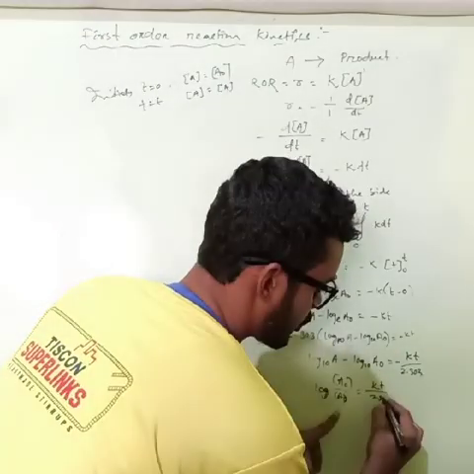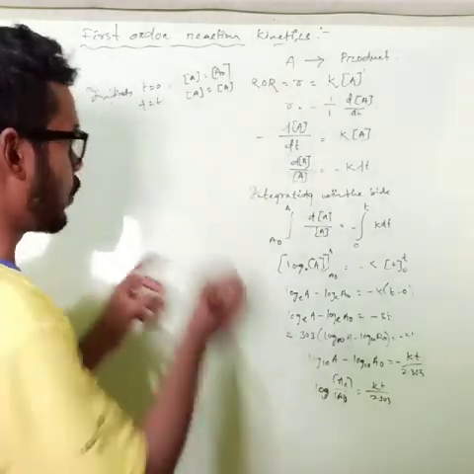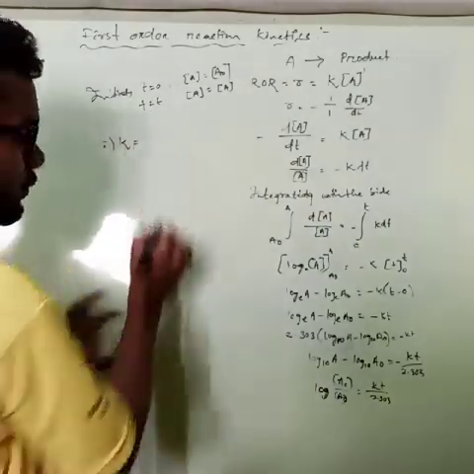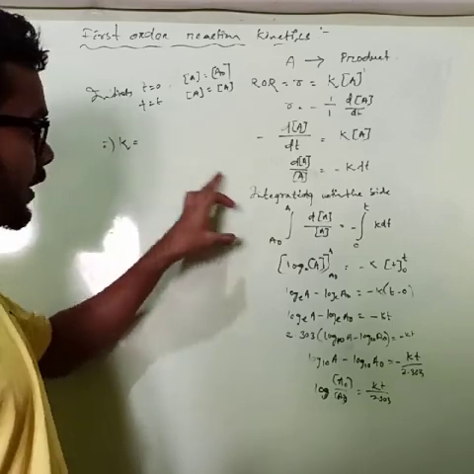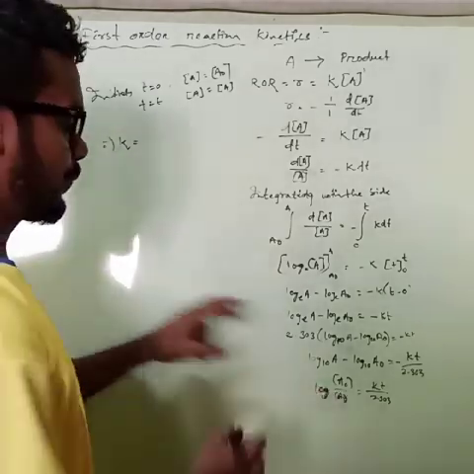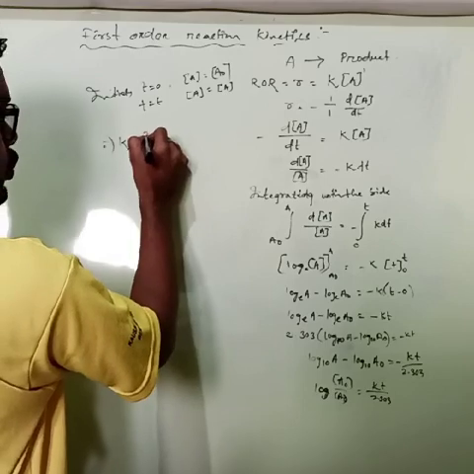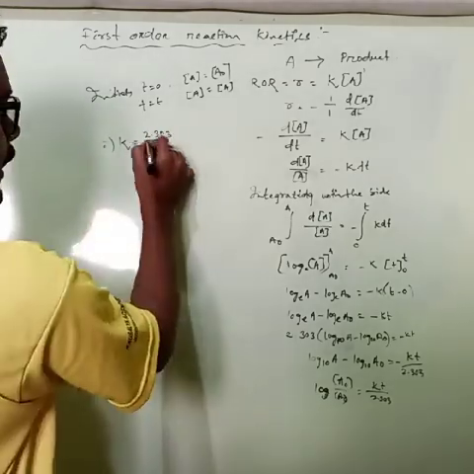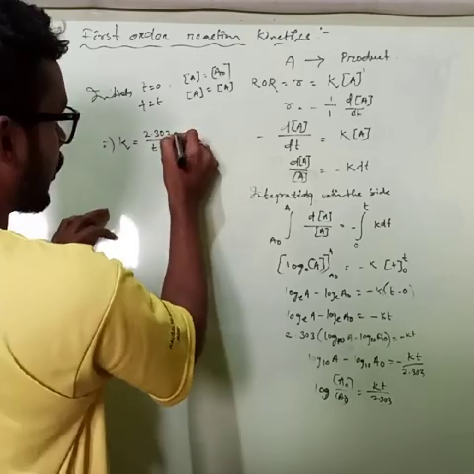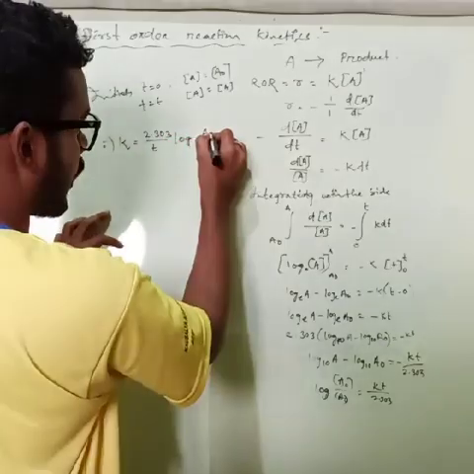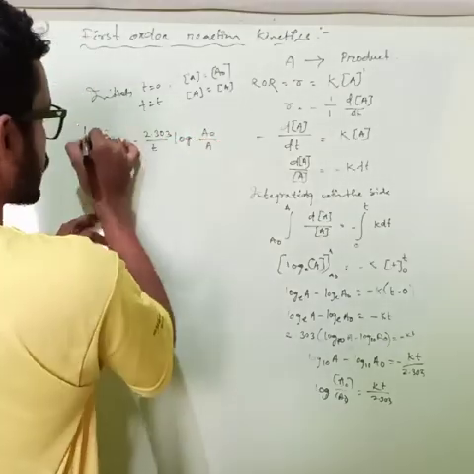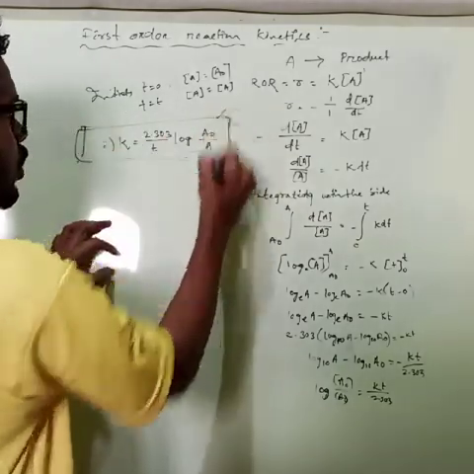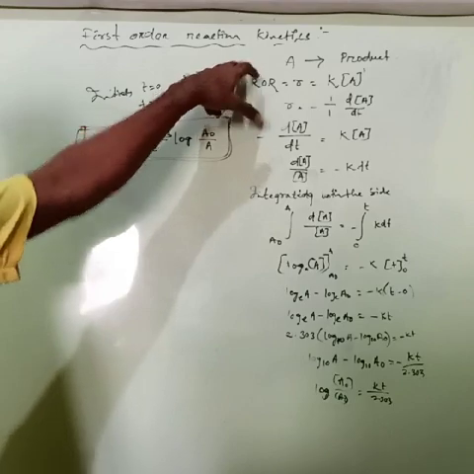So what will be the value of K? K equals 2.303 by t log A naught by A. So this is a very important equation you got from first order kinetics.